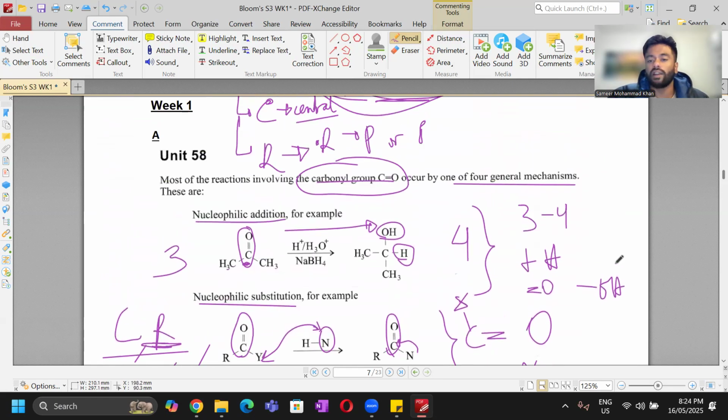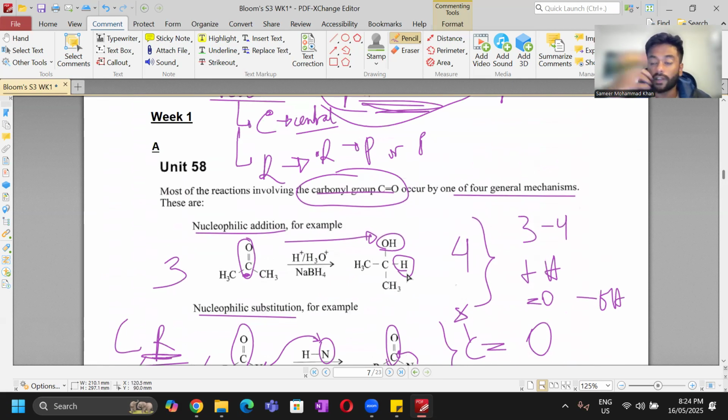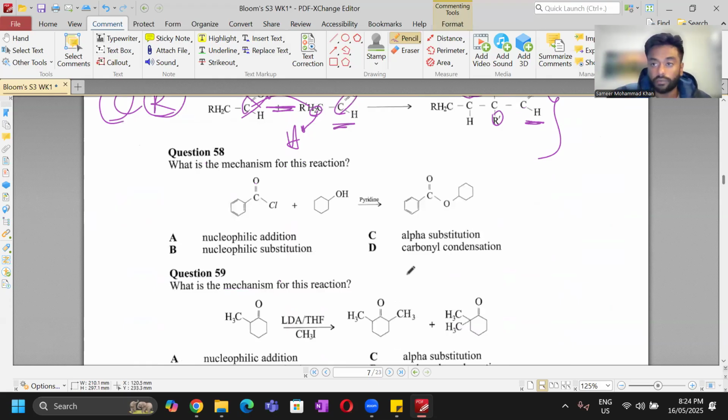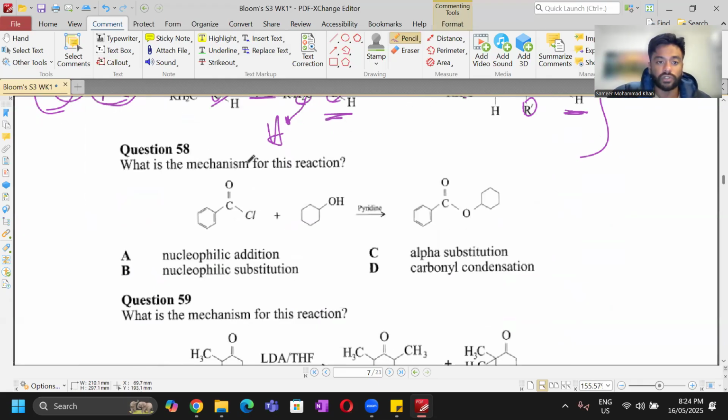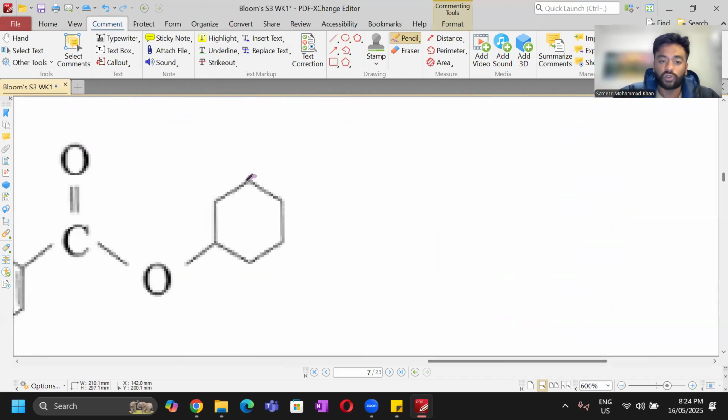All right, so now that we've done our annotations of the diagram, quite detailed, we have procured a very strong understanding of what's going on. So let's go and do these questions. Question 58, what is the mechanism for this reaction? Here we have a ring structure. Just to rehash some of the basics, whenever you have a ring structure, the corners represent carbons.